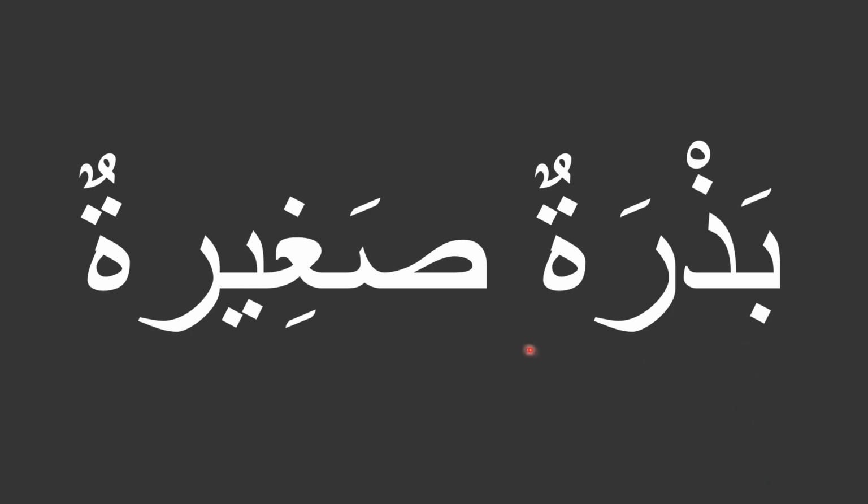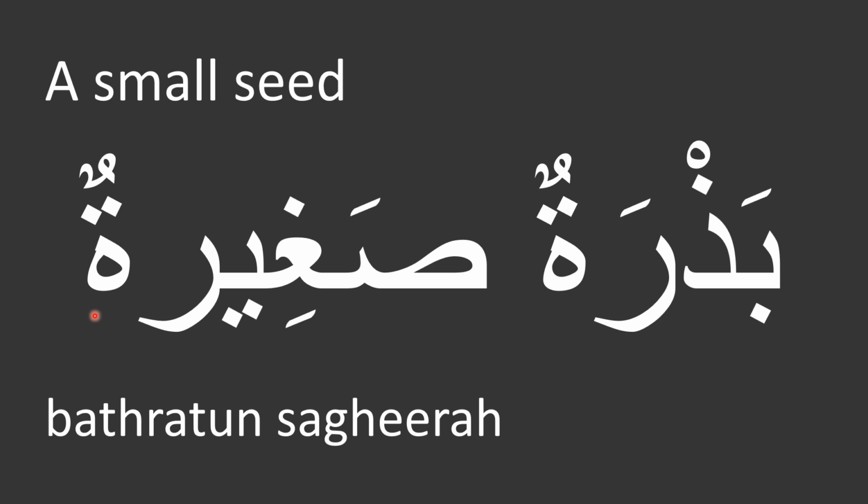Badratun saghira. Notice how I pronounced Taa Marbuta as ha because I stopped. If I continued in speech, I will say badratun saghiratun. Badratun meaning a seed. Saghiratun means small. That's right. In Arabic, the adjective comes after the noun.